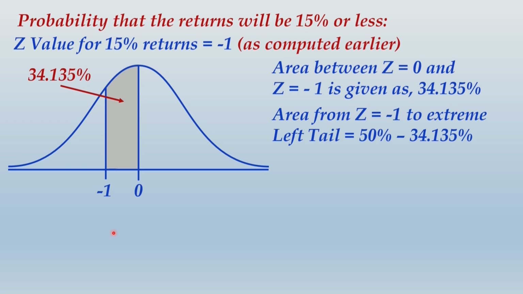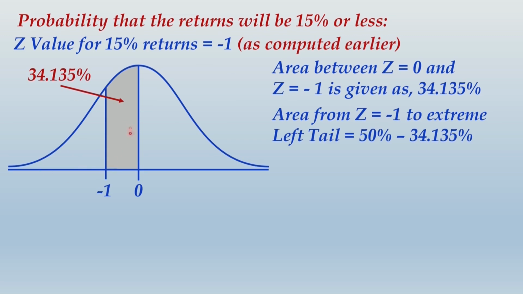Let me explain this point to you again. We have seen this already earlier, that if you take the center, that is 0, and move on to the extreme left, the total area from 0 to extreme left tail is what? 50%. And the area of this strip is basically 34.135%. We want only this area to the left of -1.